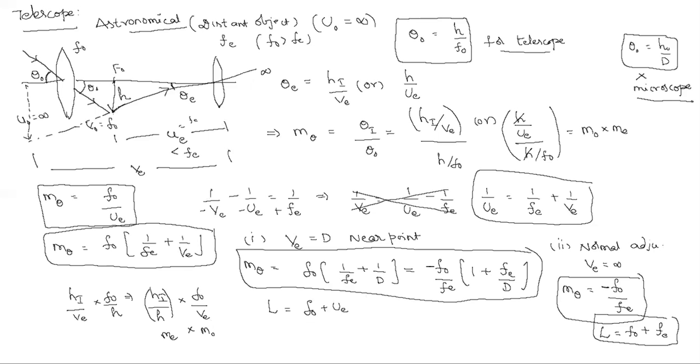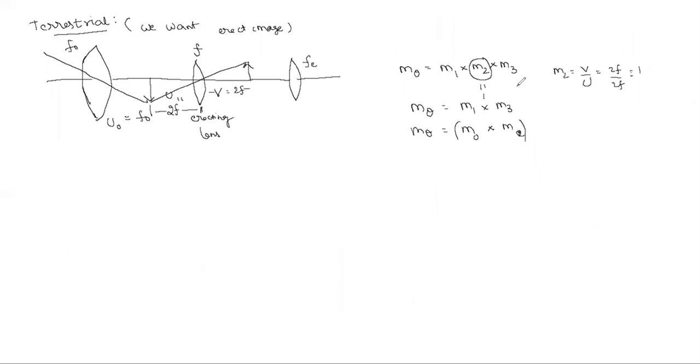Can I go to the next page? So here, if you come back to this page, M theta is equal to MO into ME. Previously I got this equal to F naught by FE into 1 plus D by FE in near point adjustment. Remember?